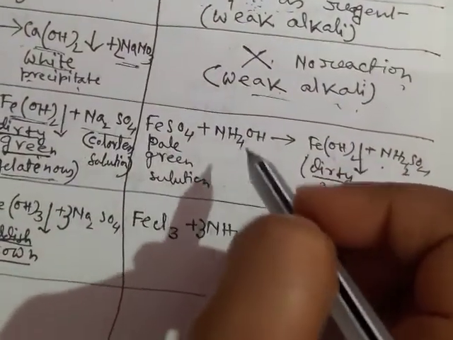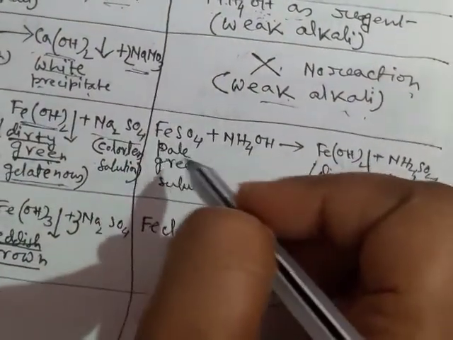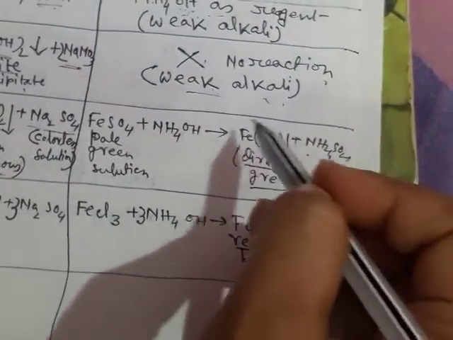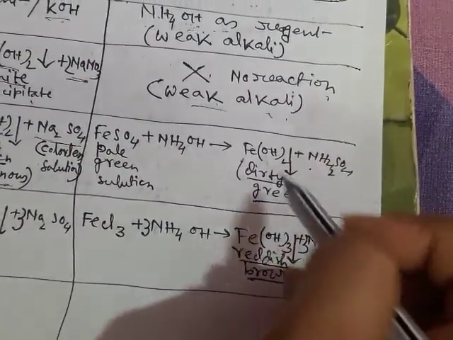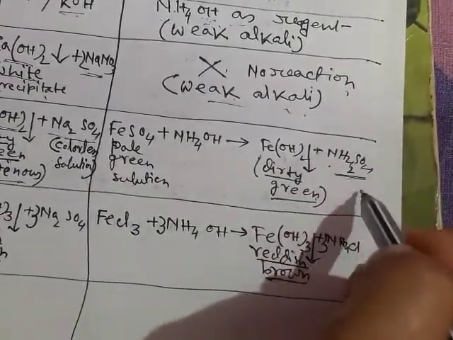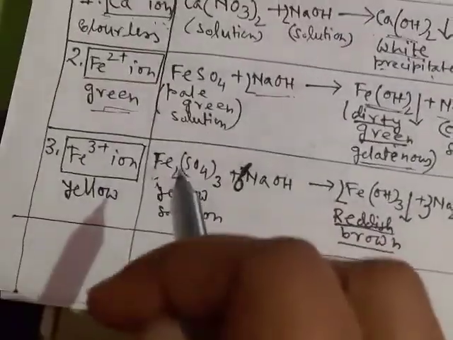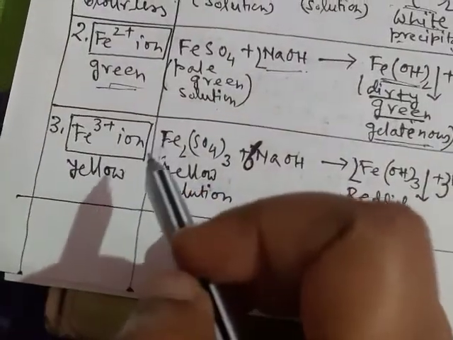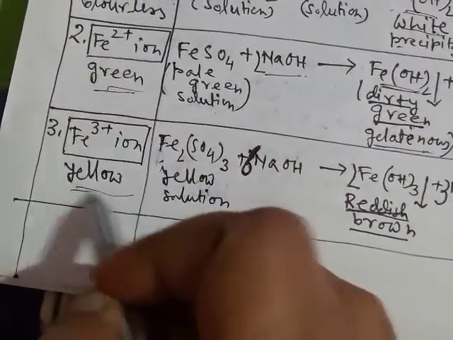Similarly, if you add ammonium hydroxide solution to ferrous sulfate solution, there will also be formation of a dirty green precipitate of ferrous hydroxide, and colorless ammonium sulfate remains in solution. Similarly, the ferric ion gives a yellow color.